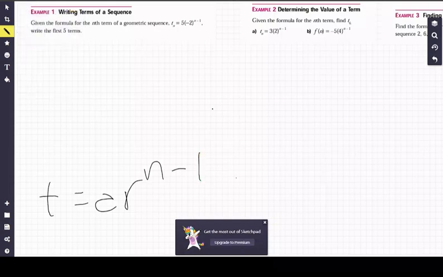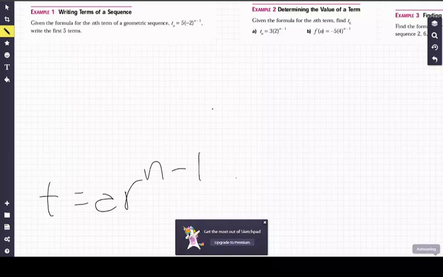Okay, so this is what's going on. I have to explain what these things are. A is the starting term, just like in arithmetic sequences. R is the common ratio, and n is whatever term it is.